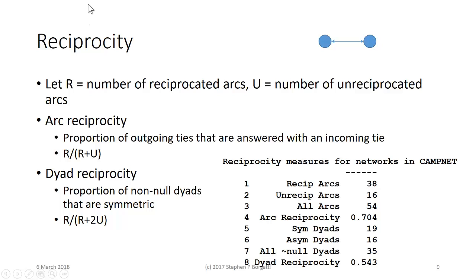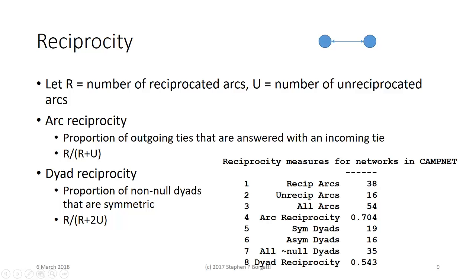If you could do kind of an inventory of all dyads, you'd find that there was a dyad that involved A and B. And you wouldn't care about the direction, but you'd notice that it could be like that. That's one kind of dyad. It could have been like this. That's another kind of dyad. Or it could have been like this. No tie in either one.